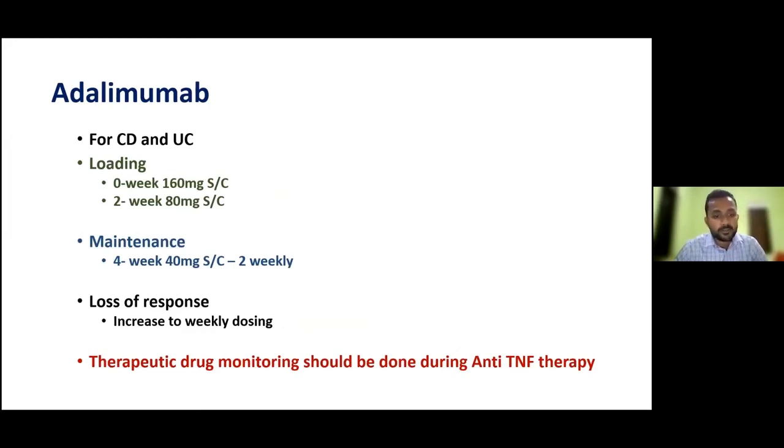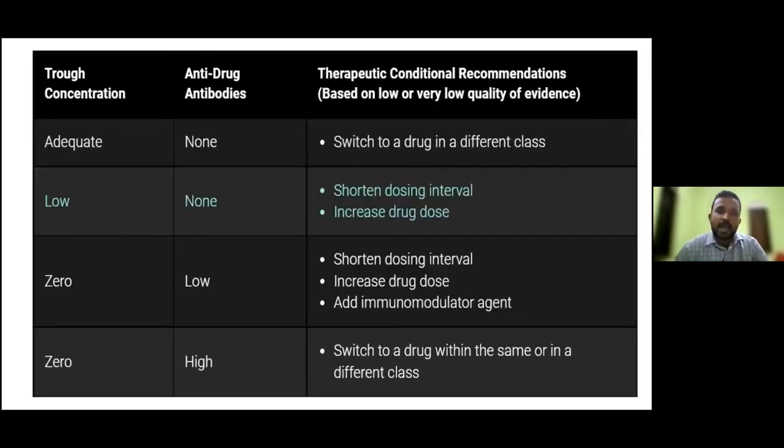And if there's a loss of response, first we can increase to weekly dosing. As I mentioned earlier, therapeutic drug monitoring should be done during anti-TNF therapy. And this chart shows how to guide our treatment according to the drug concentration and the presence or absence of anti-drug antibodies.